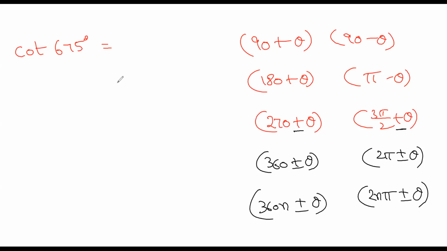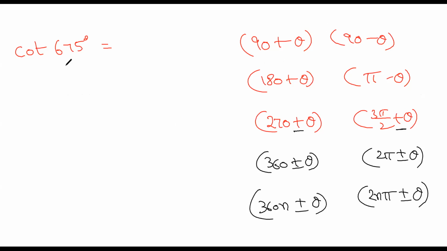Always remember, whenever you take this theta in 180 plus theta, 270 plus theta, this theta should lie between 0 and 90. It will be easy if you convert so that theta is between 0 and 90. You can convert in other forms also, but again you have to divide and all. It's a lengthy process. So directly we will see which is near to this 675.